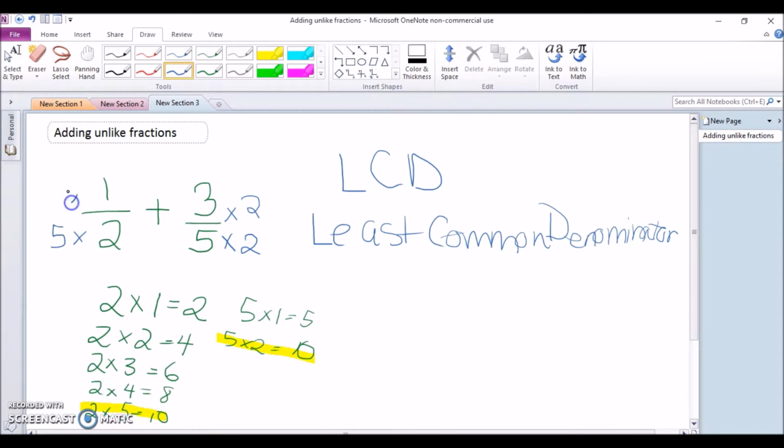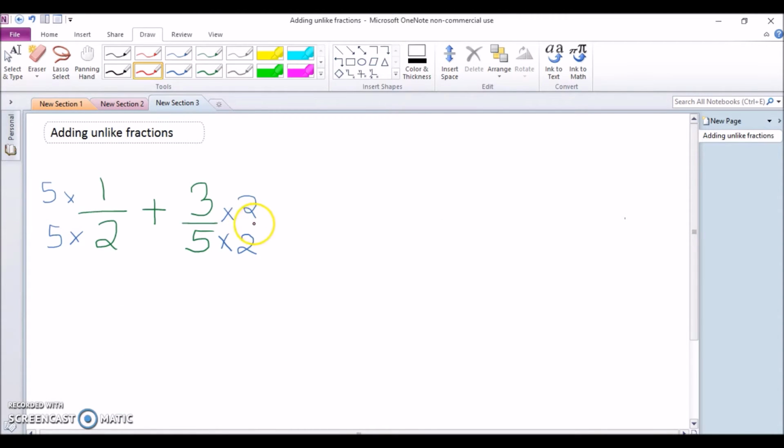And then my numerator by 5 as well. And remember, to get the same like units to add the fractions, I'm multiplying each of the fractions by respective numbers to get the same units. And the units that we will now work with is tenths, because the LCD between 2 and 5 is 10.